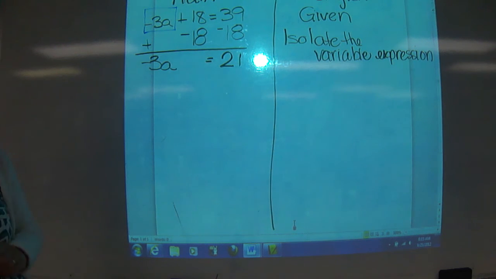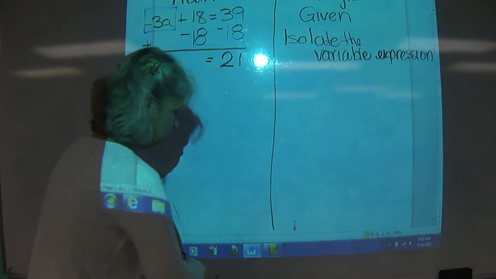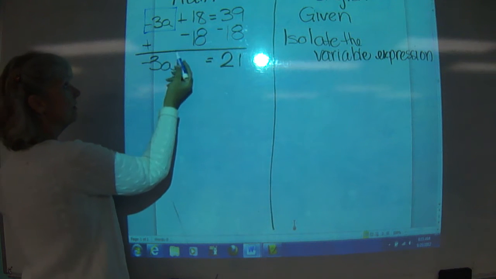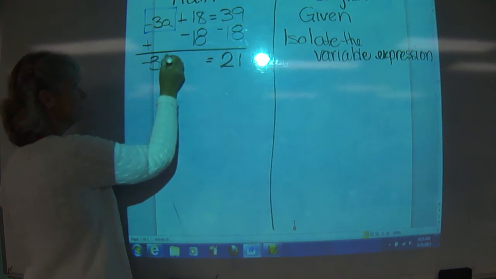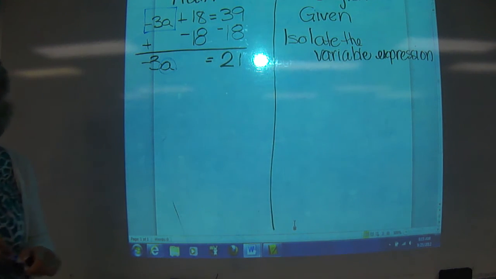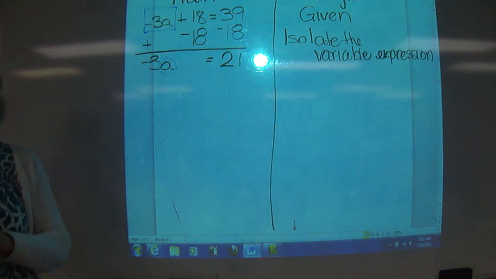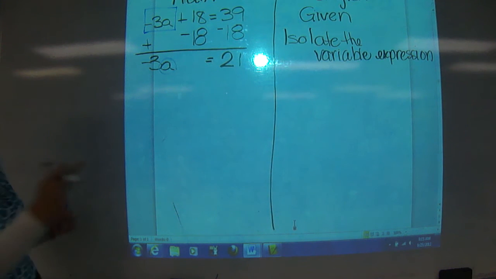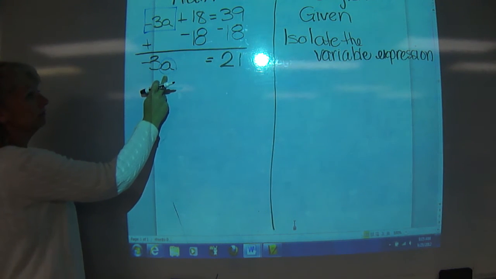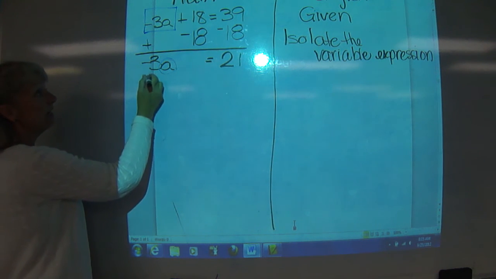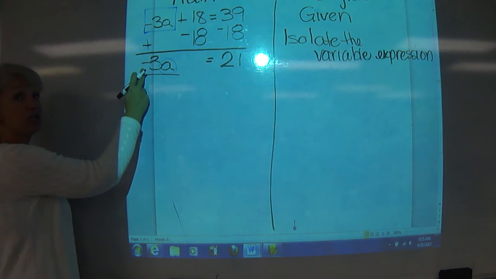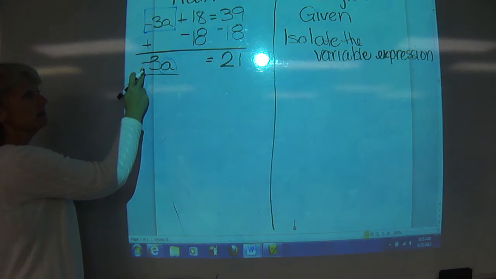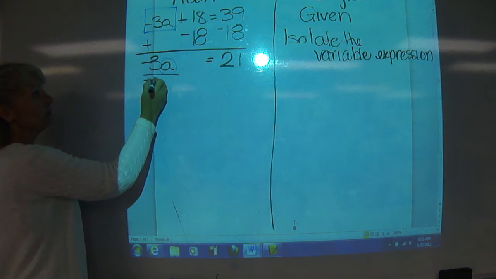The next step we want to do is to isolate just the variable. If two numbers are multiplying, what's the inverse operation? Division. And so how do we get a by itself? Division. We're going to divide by the coefficient, which is negative 3.